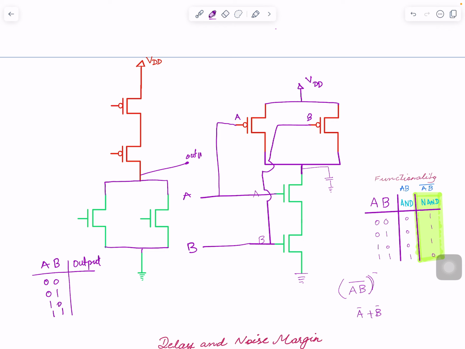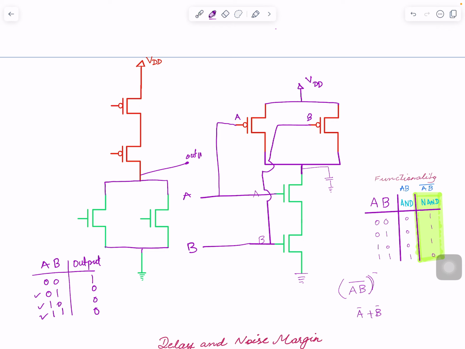When A is 1, B is 1, or A is 1, or both of them 1, there will be a path of discharging here, or through both of them. So that will be 0. When both A and B are 0, this will be off, and both of these will be on. So that provides us 1.